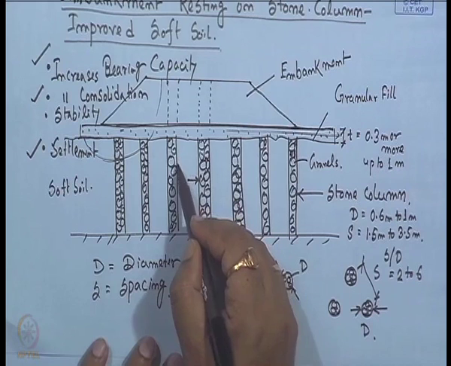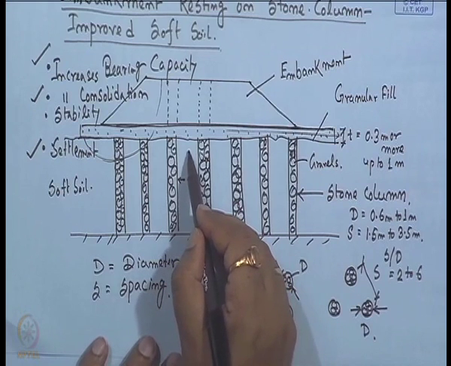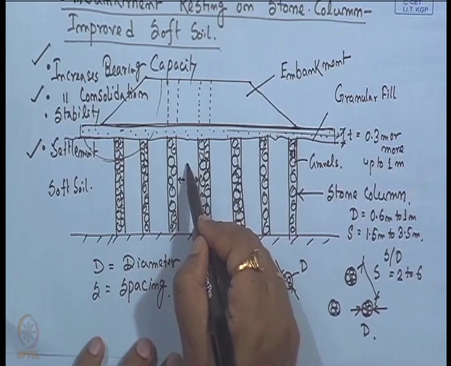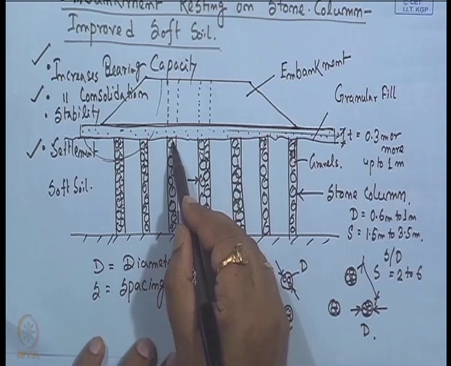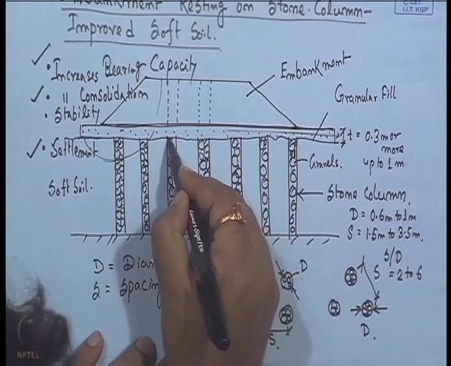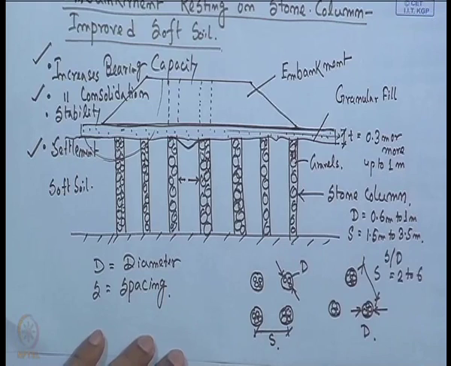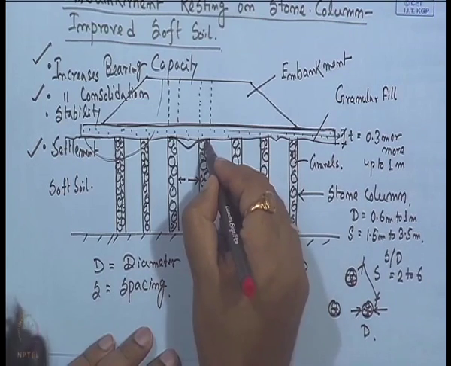As the center portion between the columns is a very soft zone, the soil within that center portion will deform more compared to the column. So, we get this type of settlement pattern.